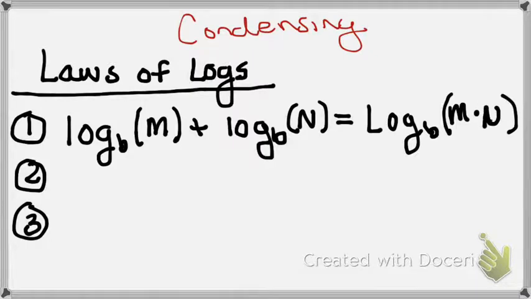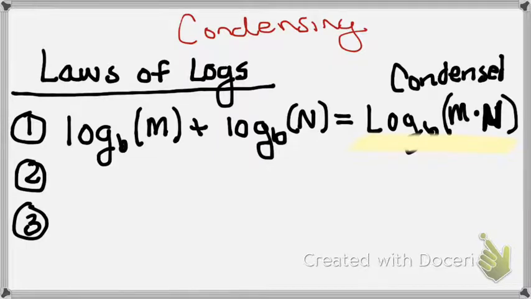If you are adding and they ask you to condense it, you need to multiply that together like I just did right here. You need to be able to see that and go back and forth between both forms, but this right here would be the condensed form.